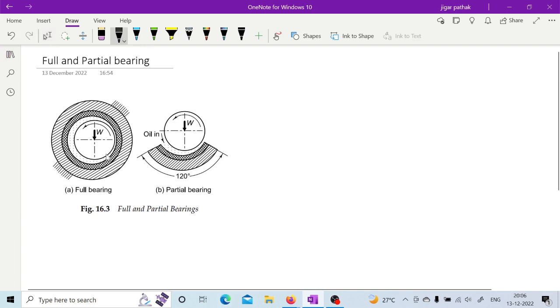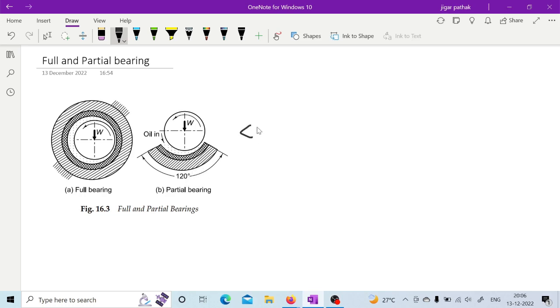As you can see here, this is a full bearing, where the full journal is inside, while here only a partial bushing is provided to the journal. In the partial case it is always less than 180 degrees, and most of the time it is around 120 degrees, as mentioned in this figure.